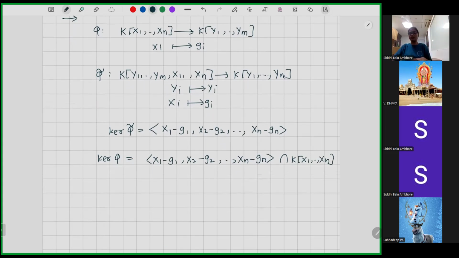So in this ideal, we eliminate the variables yi, and whatever we are left with is the kernel of the original map.